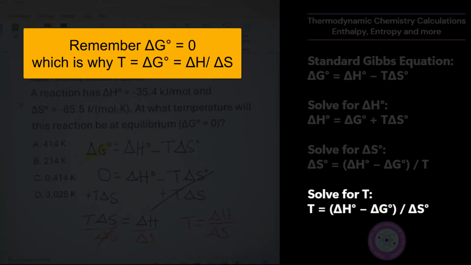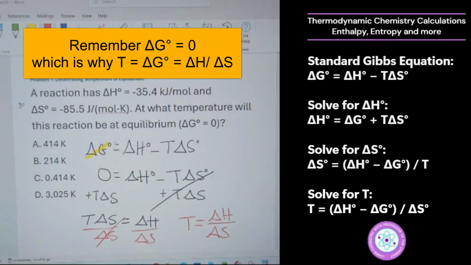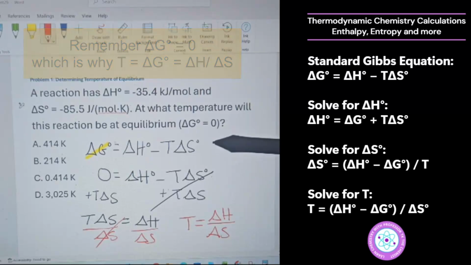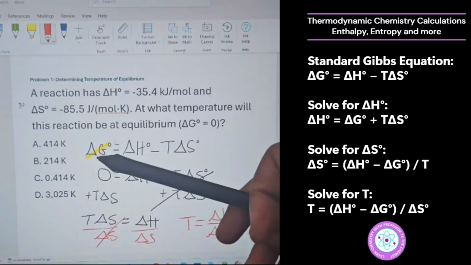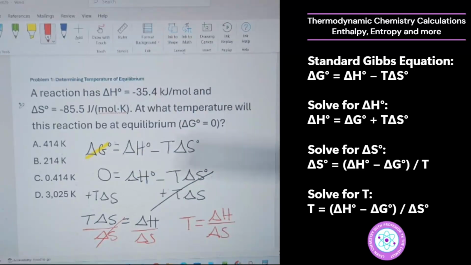In chemistry, you have to learn to derive your formulas when you are solving for your unknowns. If you can derive your formulas, this is very helpful, okay? This is your standard formula right here, but they set the delta G to be equal to 0.